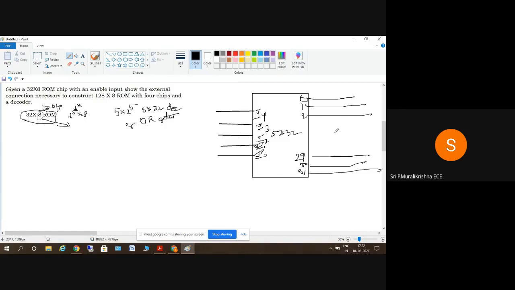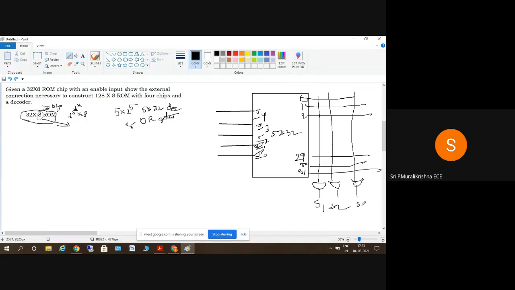And we have 8 outputs, so we need 8 OR gates here: S0 to S7.